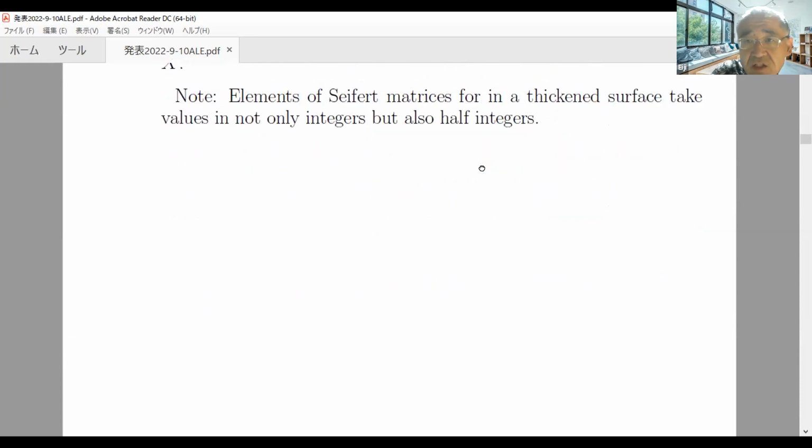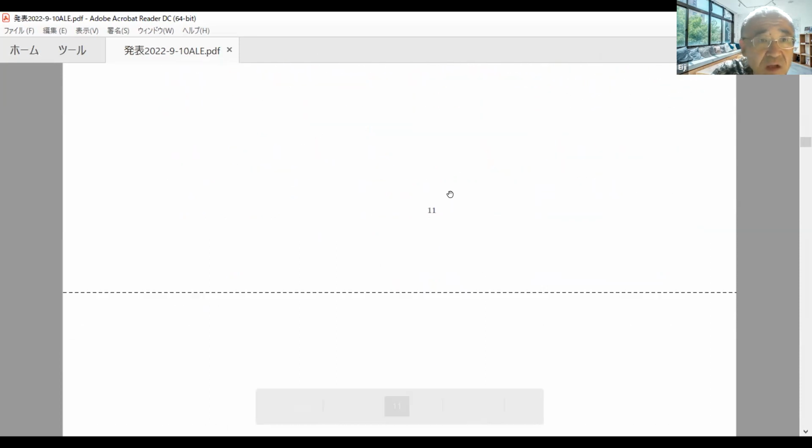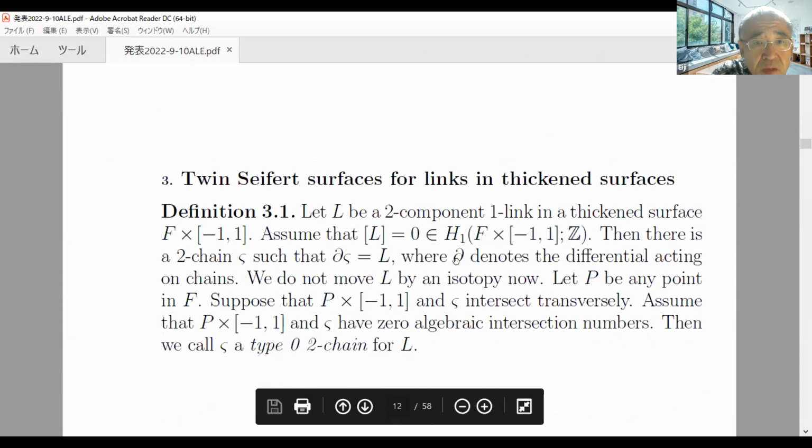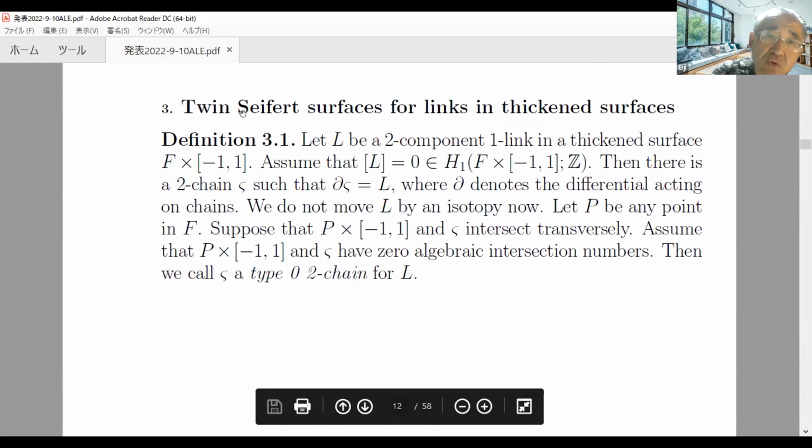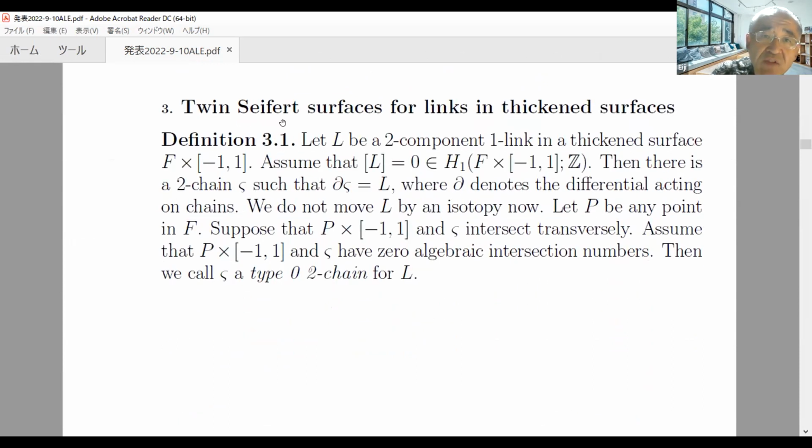Let's investigate this one. We introduce new Seifert surfaces. We call them twin Seifert surfaces. Let L be a two-component link in a thickened surface. L is null homologous.